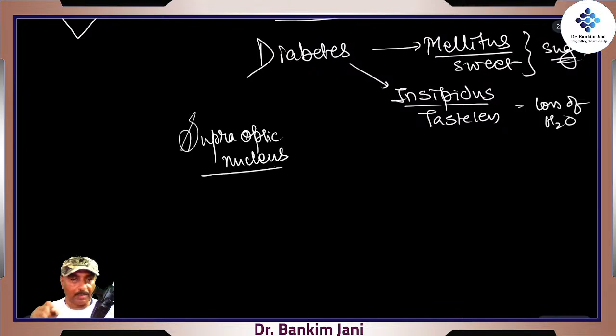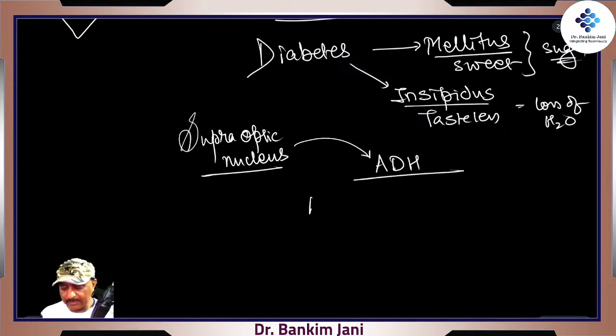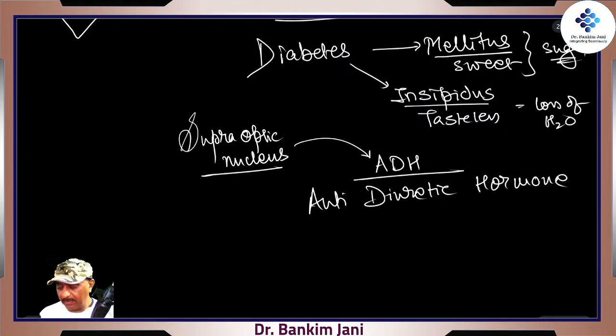Now, what this supraoptic nucleus does, it releases ADH, that is anti-diuretic hormone, right? Diuresis means let the urine go. Don't call it back, right? So this is anti-diuretic.